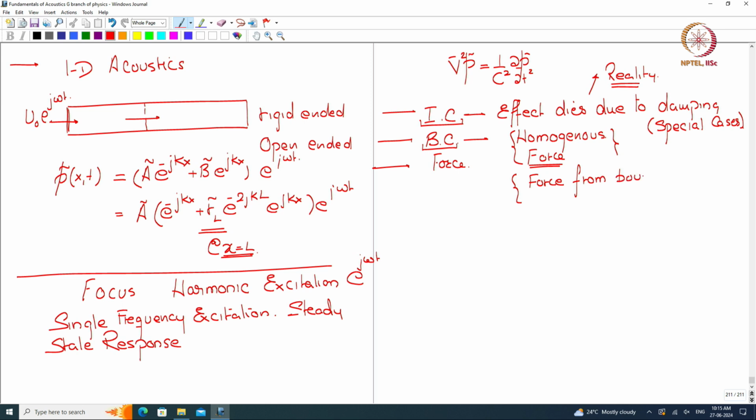The boundary condition itself provides the excitation, not necessarily force as in force units, but the boundary excites the system. That is the other form. Okay, so we have seen both of these.